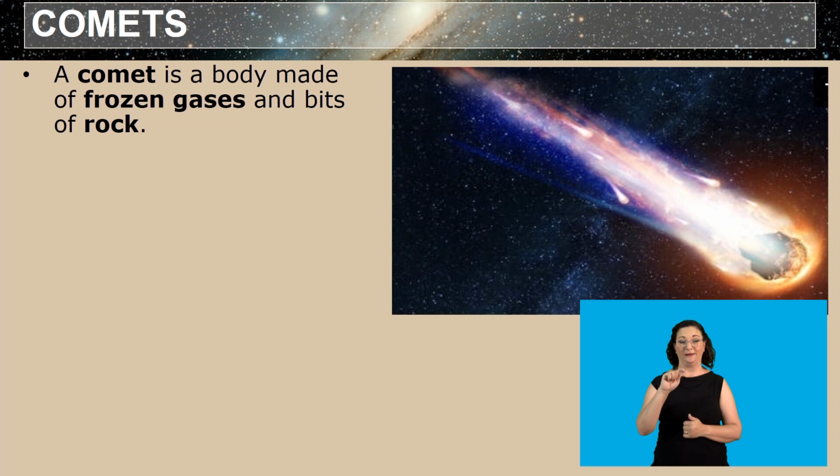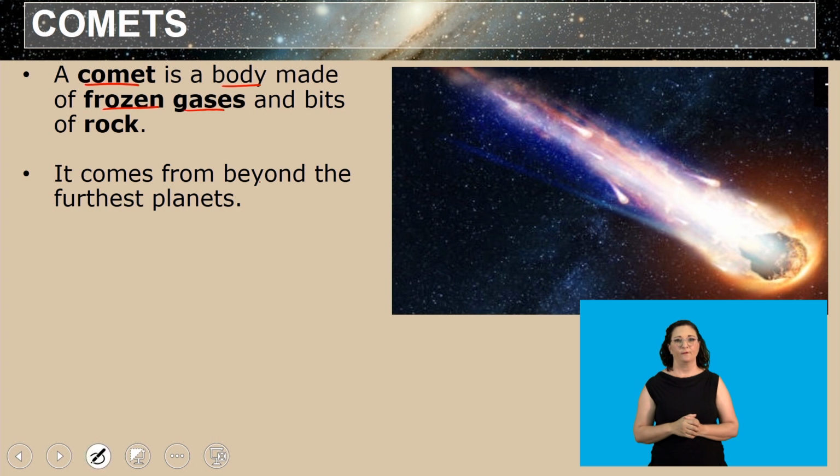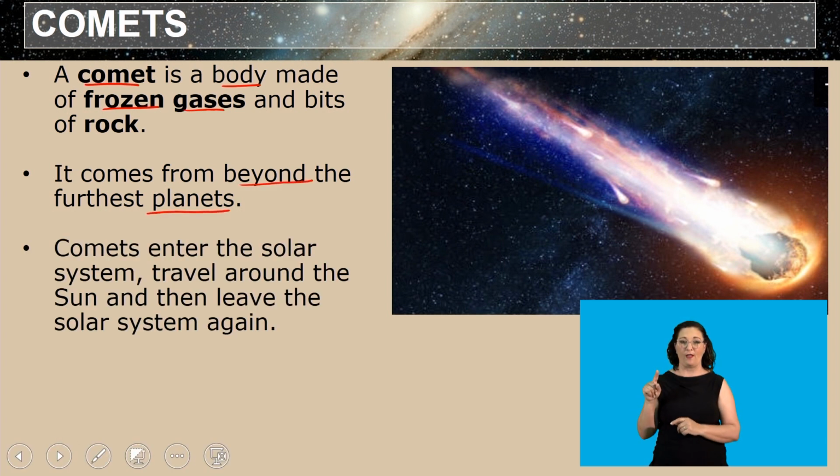Now, what are comets? A comet is a body made up of frozen gases and beads of rock, and it comes from beyond the furthest planets of all. The comets enter the solar system, travel around the sun, and then leave the solar system again.